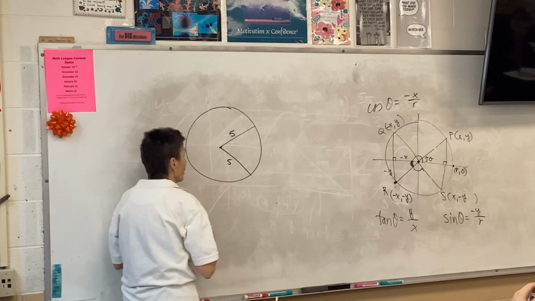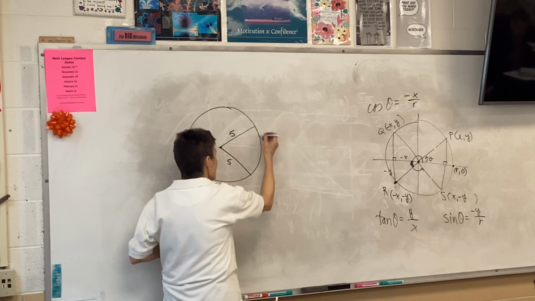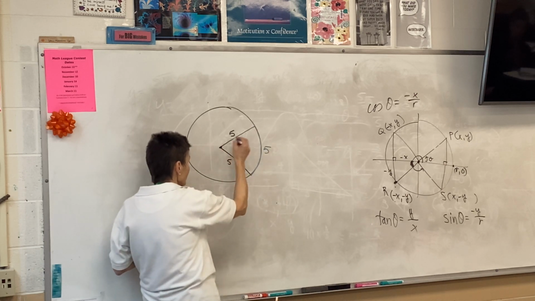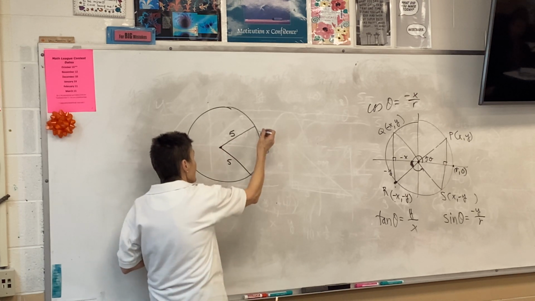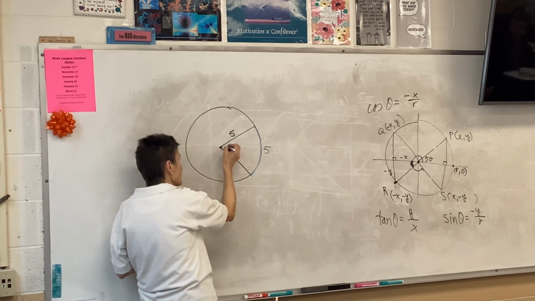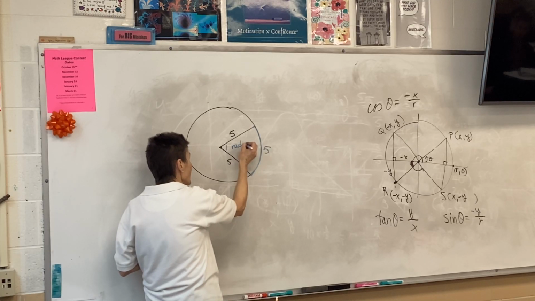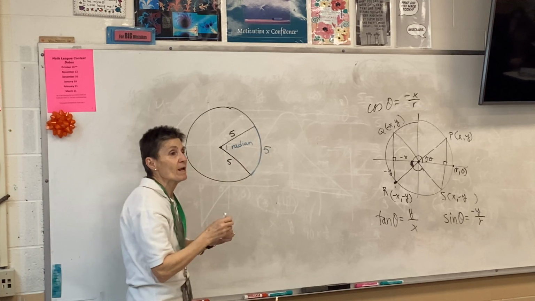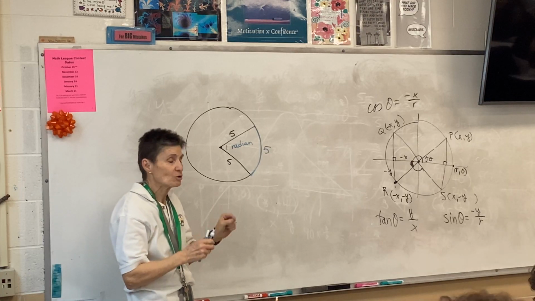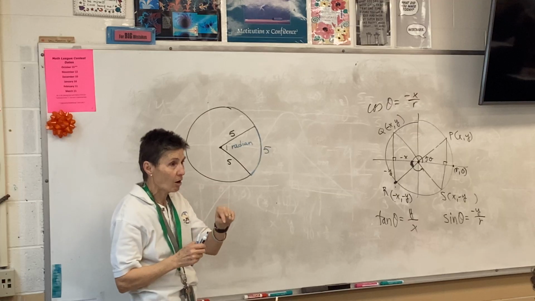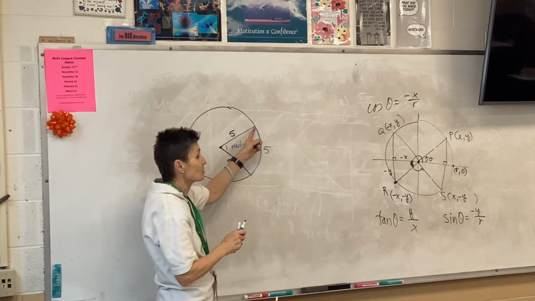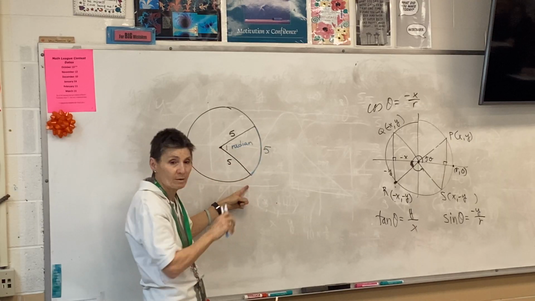If you strike an arc of radius length, so in other words, this is my little scepter I've drawn here, if I make my arc the same length as my radius, that angle is 1 radian. So a radian is the measure of the angle determined by an arc of radius length. A radian corresponds to an arc length of 1 radius.